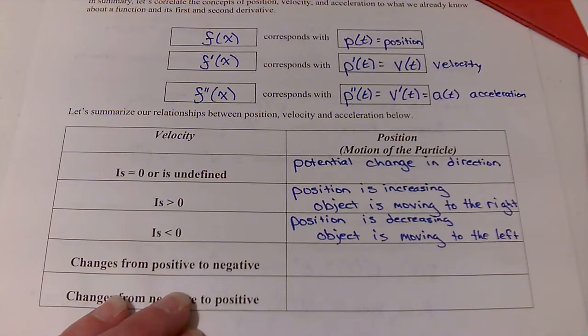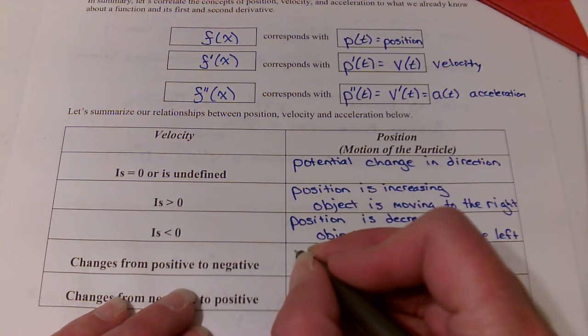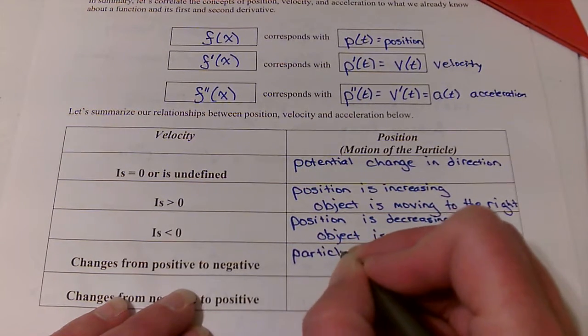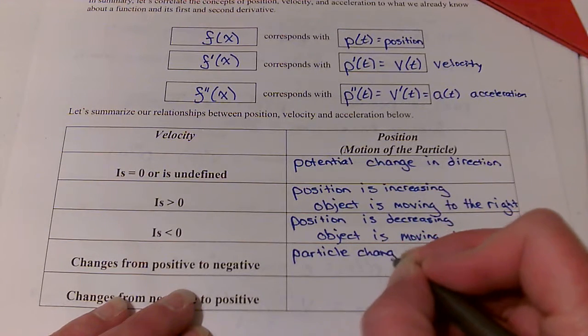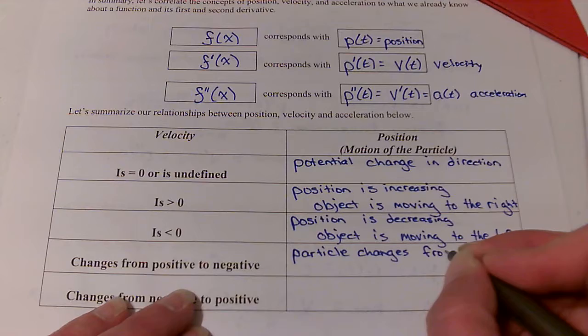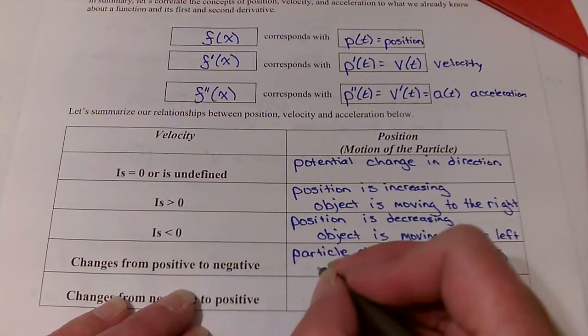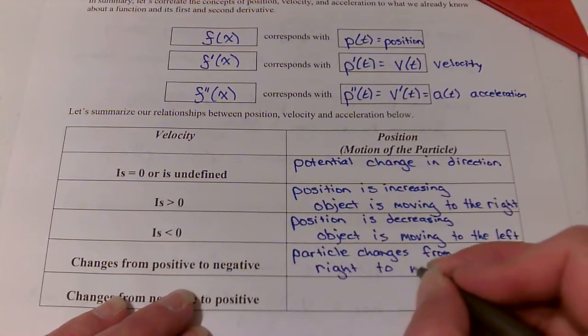If our velocity changes from positive to negative, that means the object was moving to the right and now is moving to the left. So I'll say particle, object, whatever we want to call it, changes from moving right to moving left.